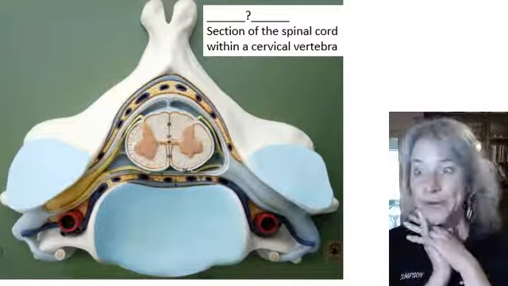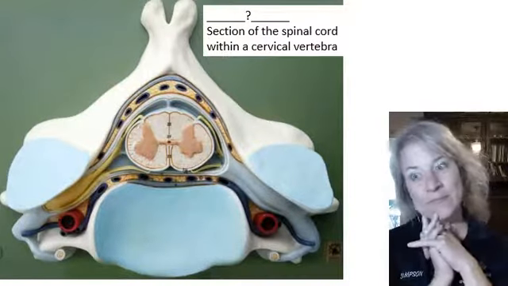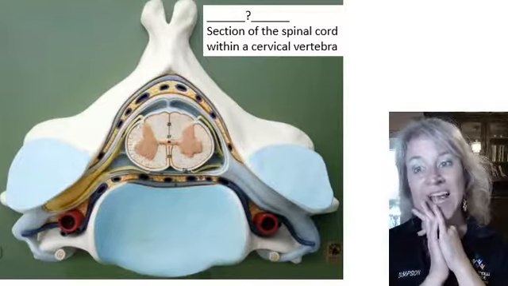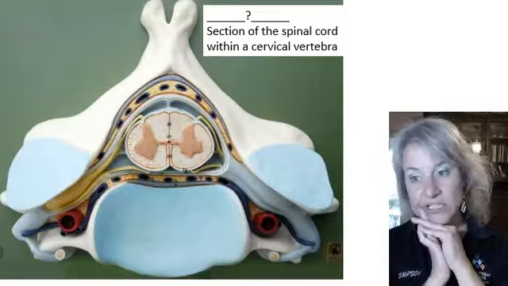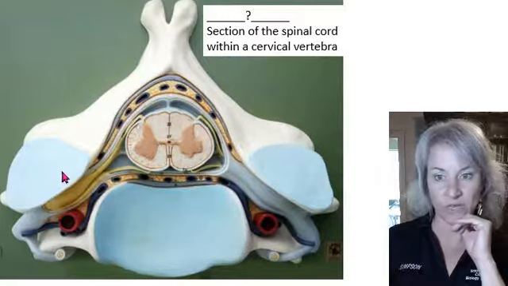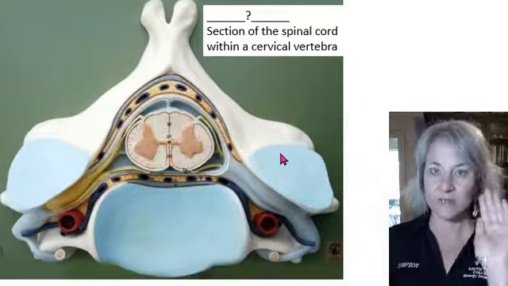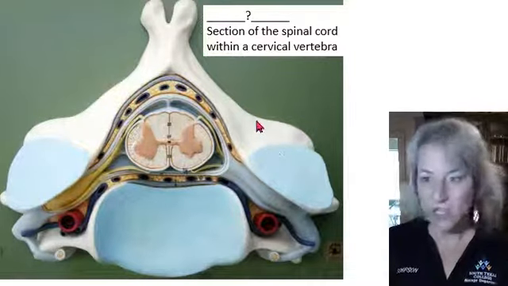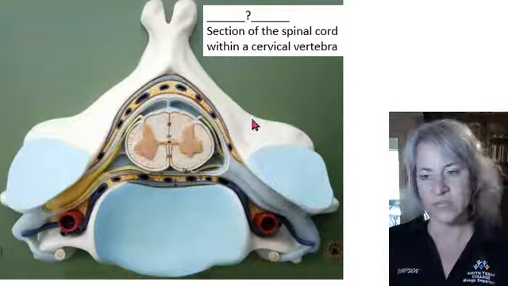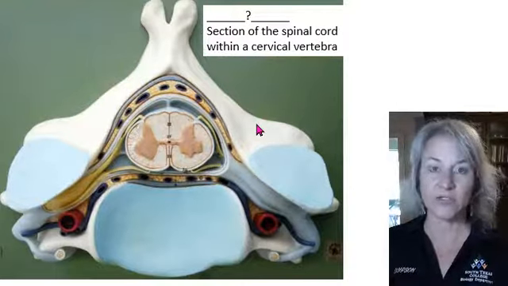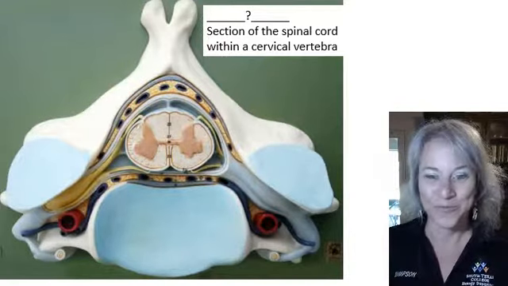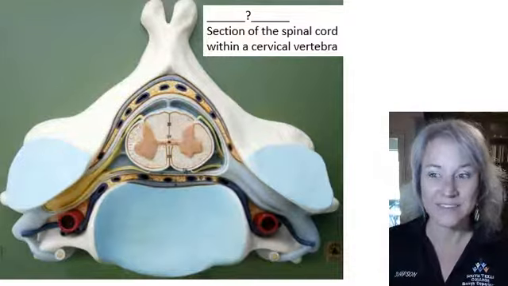What type of section is that? So there's a transverse cross section of the spinal cord within a cervical vertebra. This is the spinal cord here, and then this is the cervical vertebra. So for this first test, all we need to know is the name of the model. If you see this picture of this model and wonder what the name of this is, you need to say it is a transverse cross section of the spinal cord within a cervical vertebra. Not too much to ask.